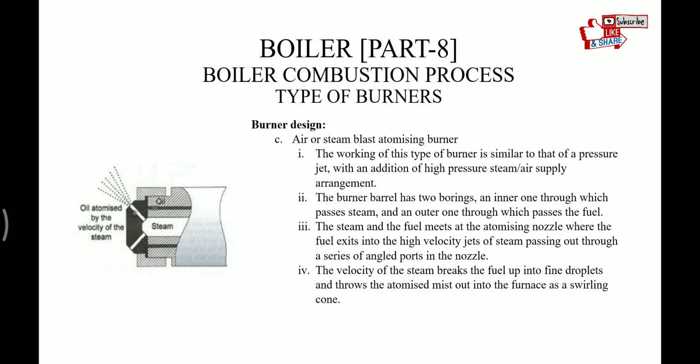The steam and the fuel meet at the atomizing nozzle where fuel exits into a high velocity jet of steam passing over through a series of angle ports in the nozzle. The velocity of the steam breaks the fuel into fine droplets and throws the atomized mist out into the furnace as swirling cone.